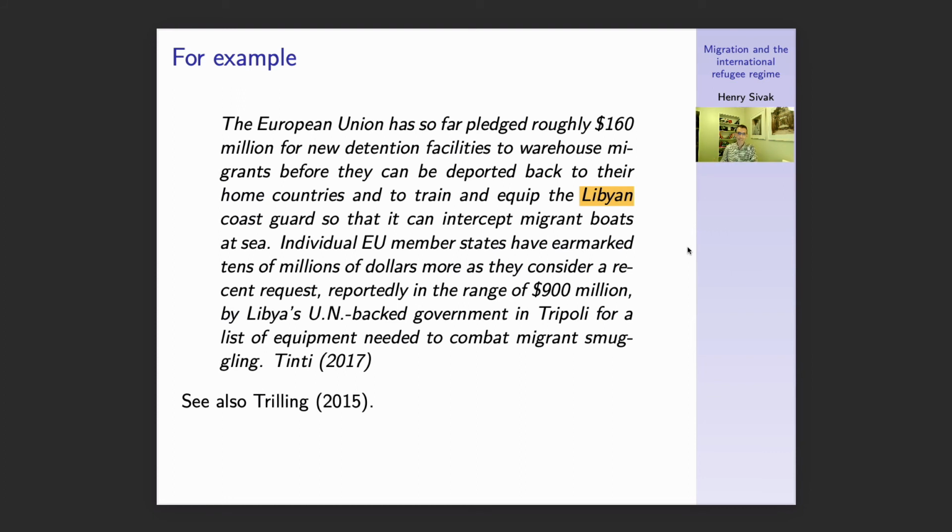Individual EU member states have earmarked tens of millions of dollars more as they keep focusing on solutions like this. This is a process which I'm only going to touch on briefly here, and which is documented in some relatively recent and excellent quality news articles, one by Peter Tinti from 2007, one by Trilling from 2015. I have the references at the end of the slideshow.